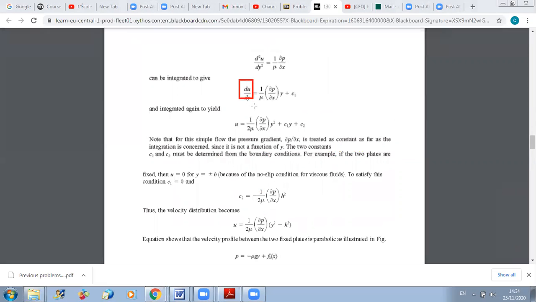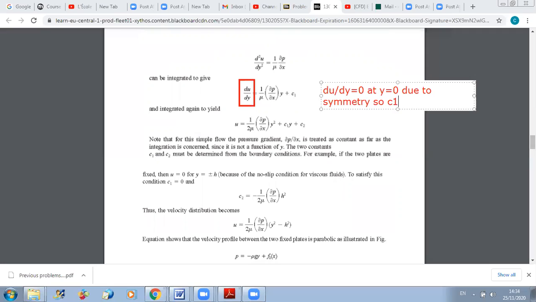Exactly, du by dy is equal to 0 at y equals 0 due to symmetry. Okay, so from this condition, you can deduce that c1 is 0. And you can find this result if you use the other condition also. So the two will give you the same results.